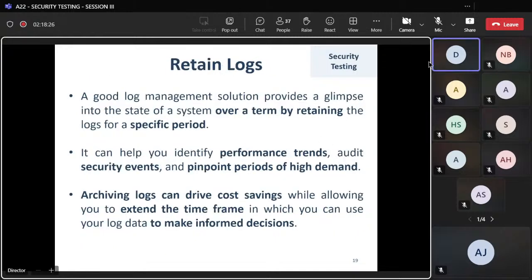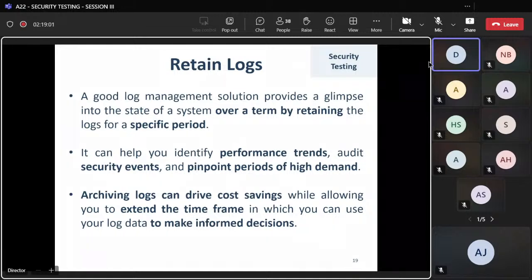The next topic, retaining the logs. How long can the logs be retained in a specific system? Sometimes the logs can be archived, and they need to be kept for a particular defined period. So you need to understand the various requirements, how long the logs need to be stored and made available.